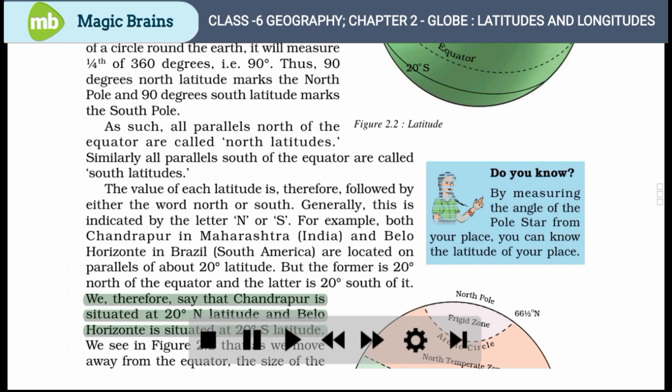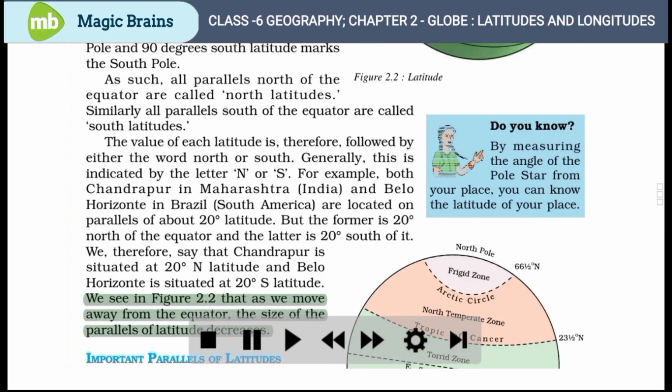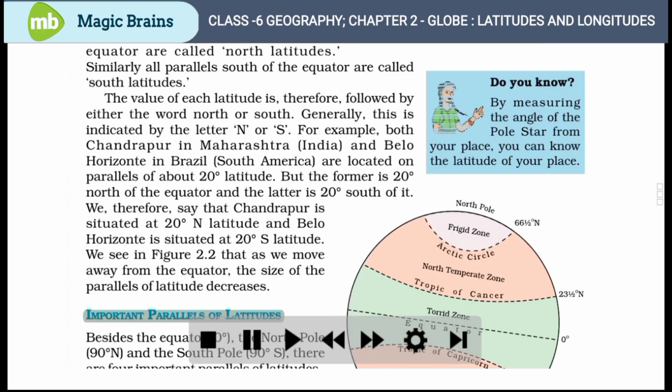We therefore say that Chandrapur is situated at 20 degrees north latitude and Belo Horizonte is situated at 20 degrees south latitude. We see in figure 2.2 that as we move away from the equator, the size of the parallels of latitude decreases.